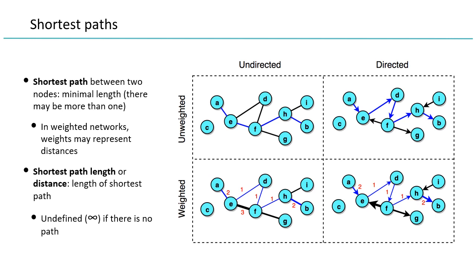So for a given network, we want a path. However, there are many paths. Among them, we want to find the shortest path. The shortest path between 2 nodes means the minimal length between the starting node and the target node.